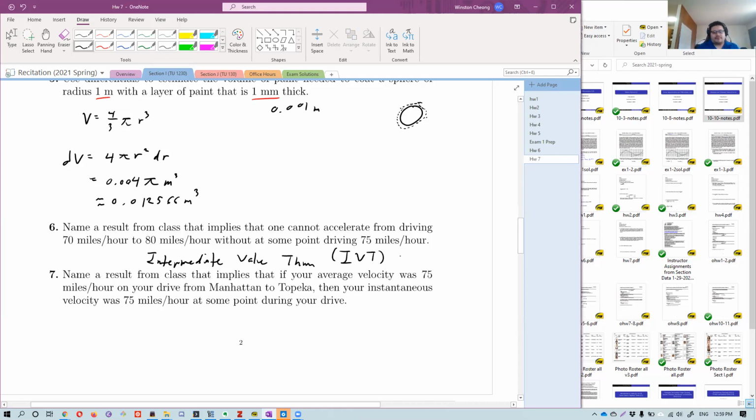The thing that makes that clear to me is that you're starting at 70, you're going up to 80, and the idea is you've got a continuous function. So in this problem, velocity is your continuous function. When it says something about acceleration, that's the derivative of the velocity function.